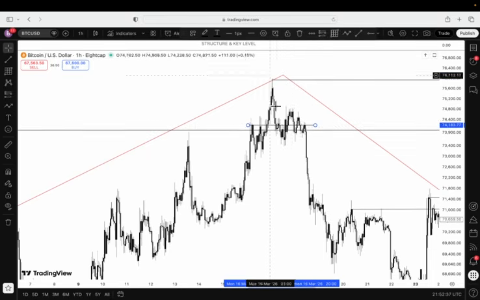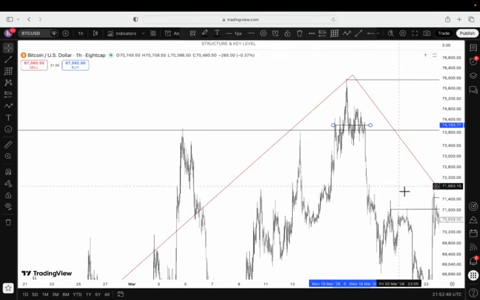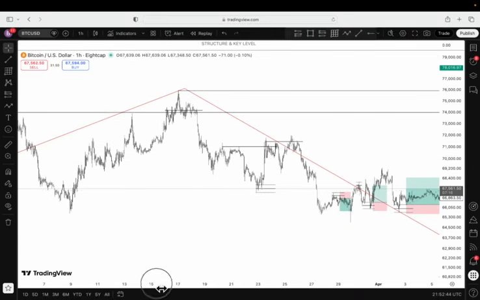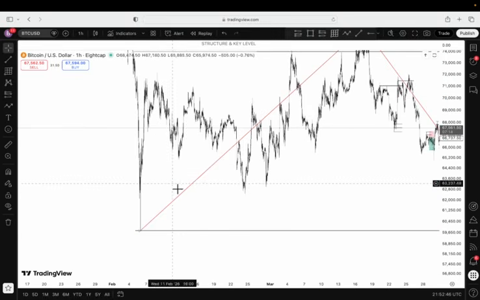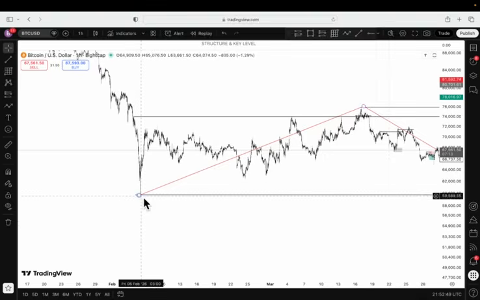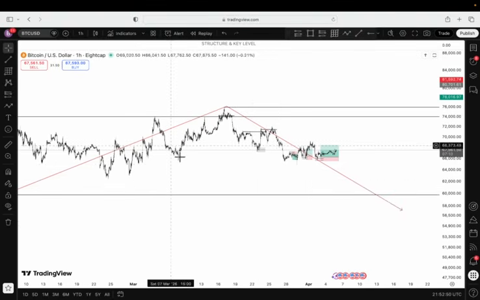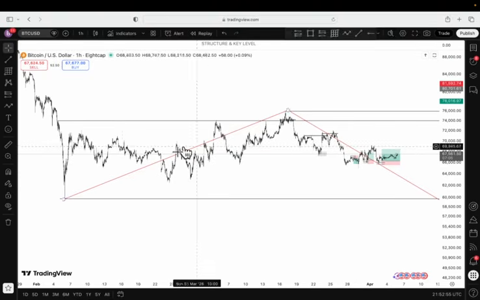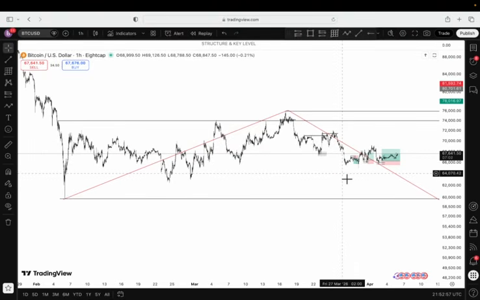You can see that this inducement got reclaimed back, and ever since then, the last low that was created with this inducement, price has not cleared it. Till now it's just in between. So that's a ranging market now. It's not breaking above, it's not breaking below.